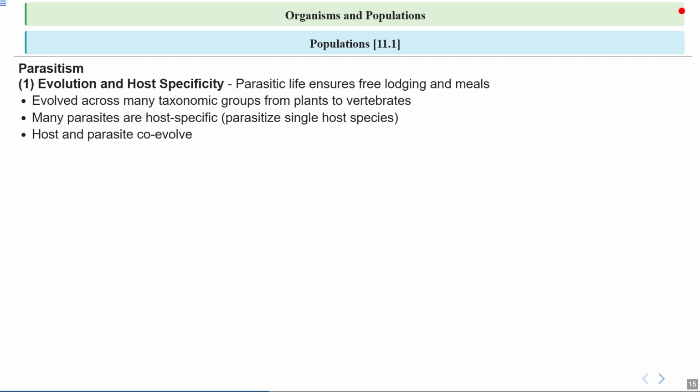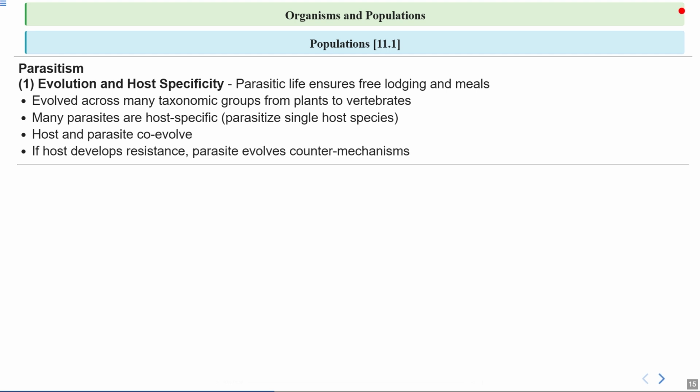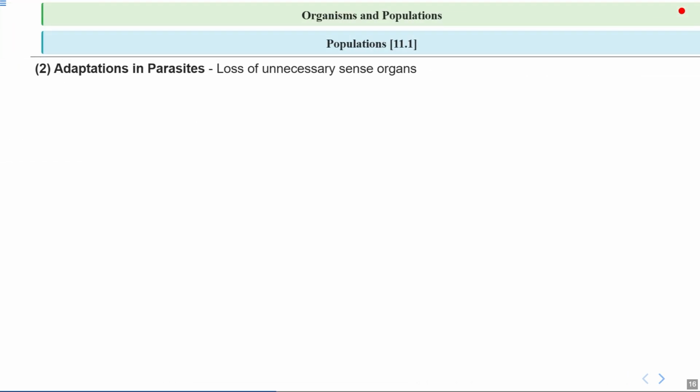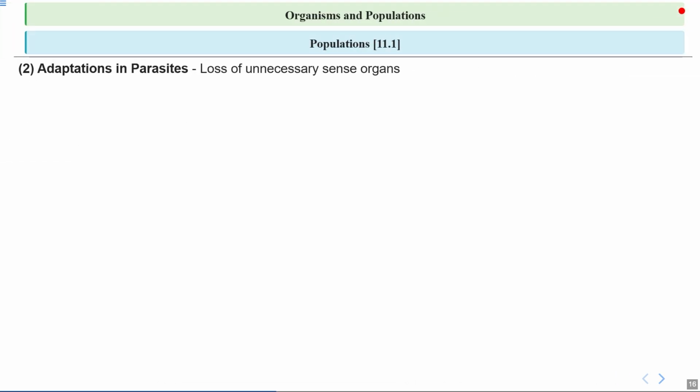This is known as co-evolution. They are evolving together, basically adapting to each other. And this drives evolution. Hosts develop resistance to a parasite, and the parasite often responds by evolving counter mechanisms to bypass that resistance.